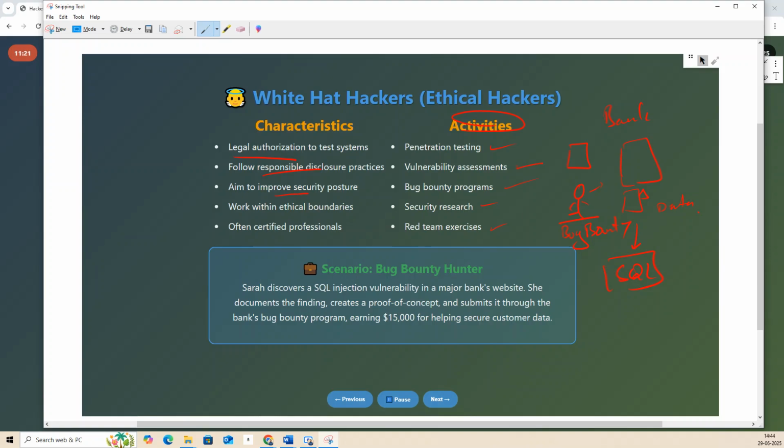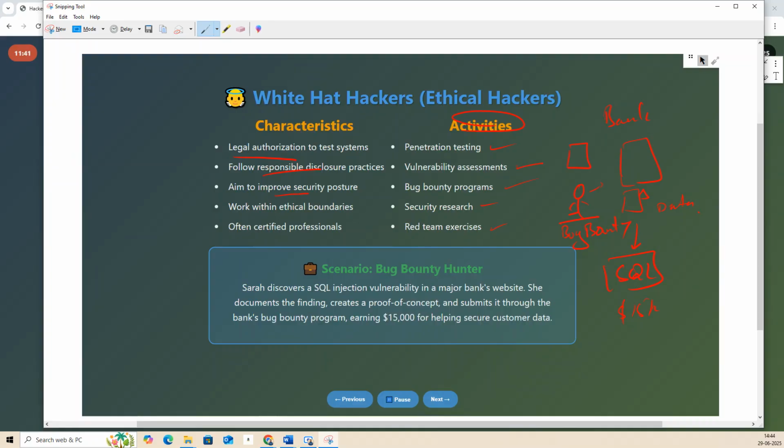The bank thanks her and pays her, let's suppose, $15,000 for finding this critical flaw. Sarah gets paid, the bank fixes their security, and customers are protected. So everybody wins. This is the power of ethical hacking.